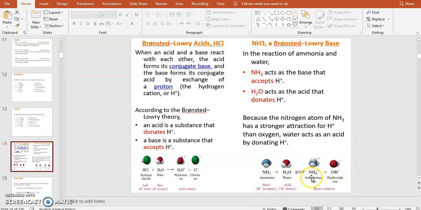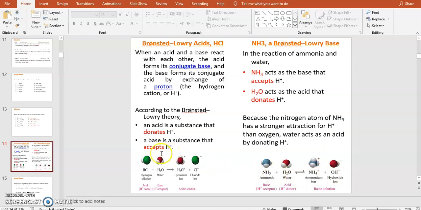You can see that NH3 became NH4, and this means that the water gave away hydrogen to the NH3 to become NH4. So H2O is considered a donor, and that's why it's considered an acid. And the NH3 received it, so it is considered a base. And this is the equation when the NH3 dissociates in water.